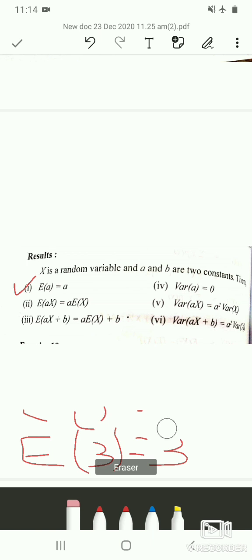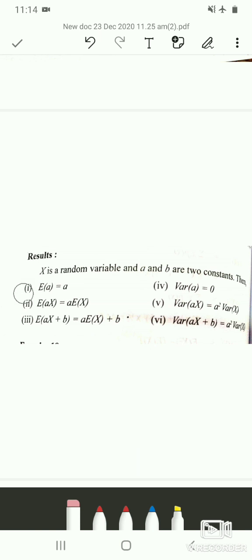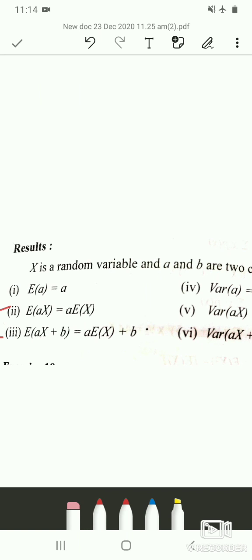So expectation of any constant is the constant itself. And the second result is expectation of aX is a into expectation of X, where a is a constant and X is a random variable. The third result is expectation of aX plus b is a into expectation of X plus b.